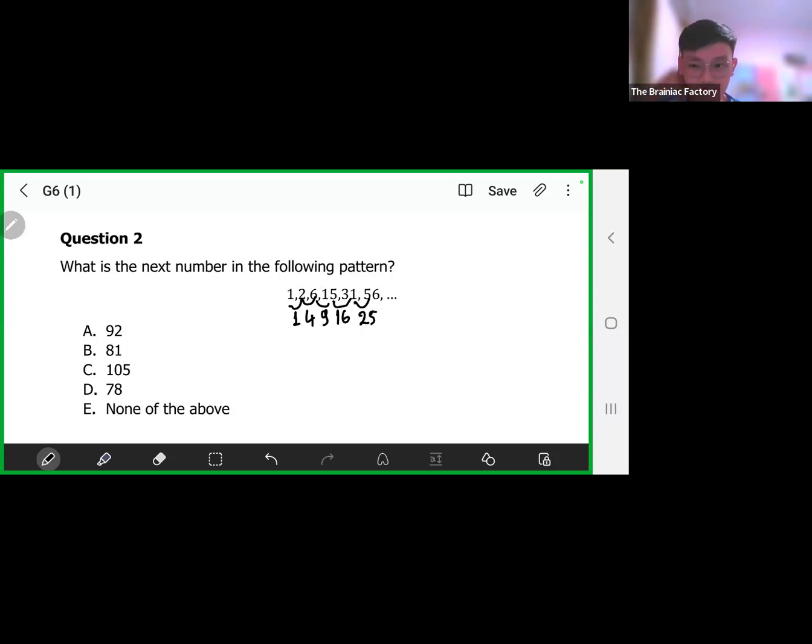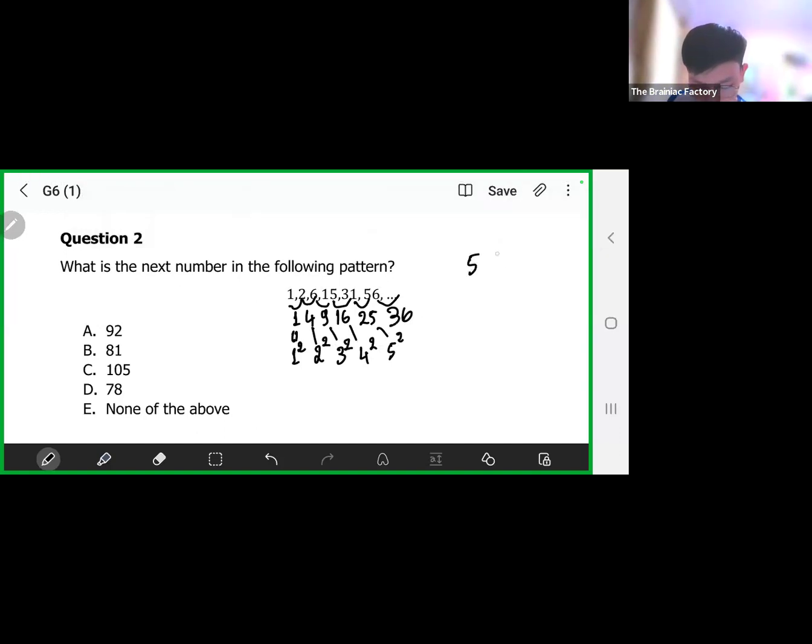After seeing the differences, could you see any patterns? Of course, they are all squared numbers. So this one is going to be another squared number, and after 25 is going to be 36.